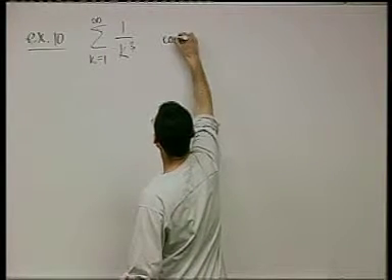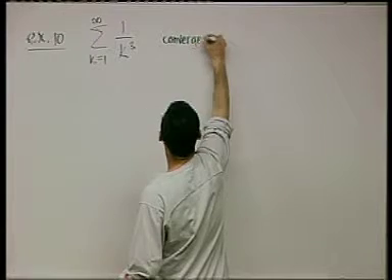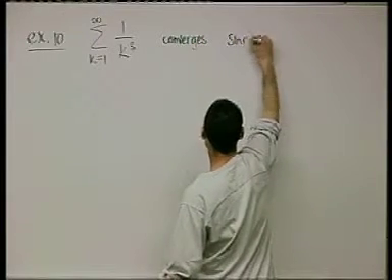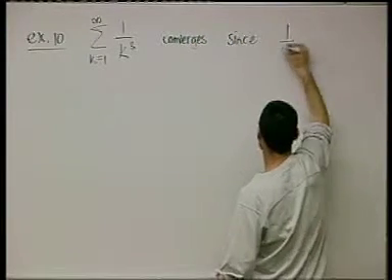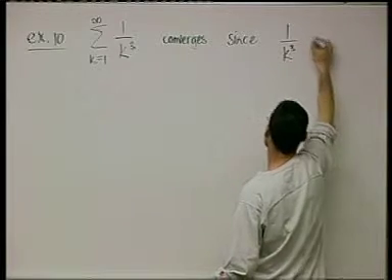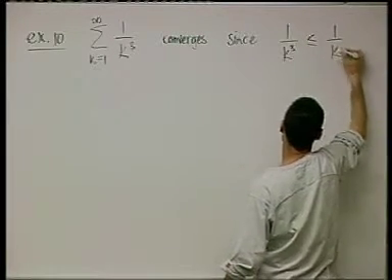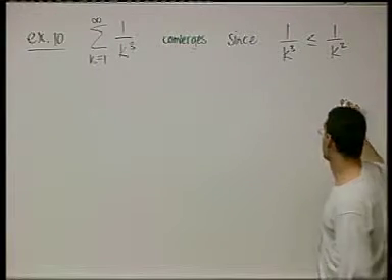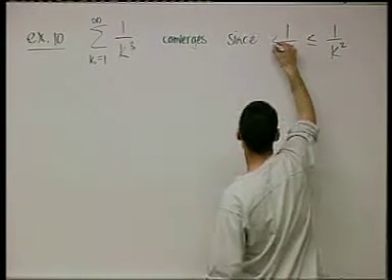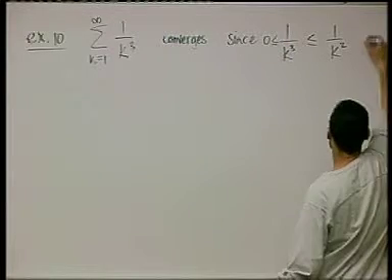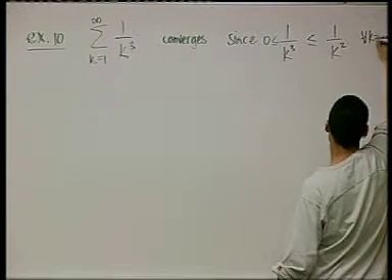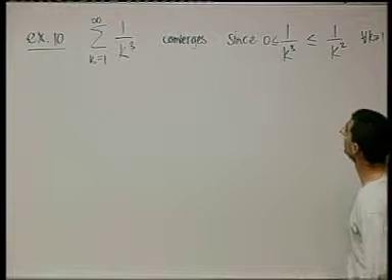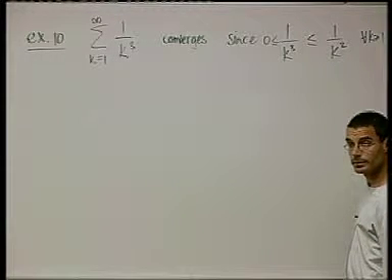So this thing converges, since 1 over k to the power 3 is less than or equal to 1 over k squared. Do you agree? This is for non-negative, of course, important. And this is for any k greater than or equal to 1. Do you agree?